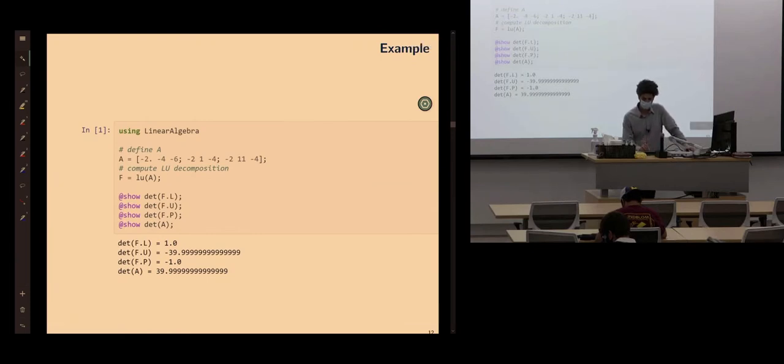I define my matrix A. I pass A to the LU function of Julia. I get an object f.L, if you remember, that's how we call the attribute of that object. @show is just showing the output of each row. It repeats the line, and it also shows the output.